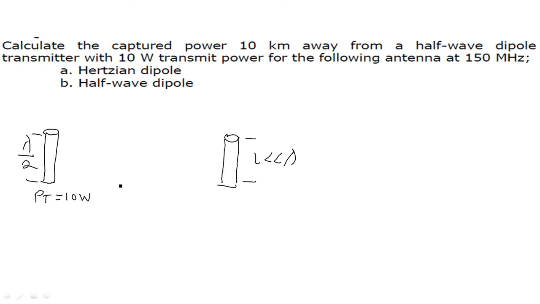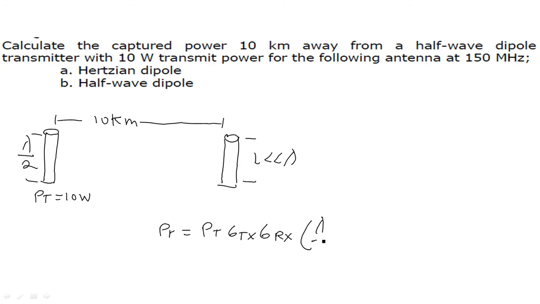Okay, so 10 km away yung distance nilang dalawa. And ang tinatanong is the captured power o yung PR. So, PR is equal to transmit power, transmitting antenna gain, receiving antenna gain, and lambda over 4 pi squared.